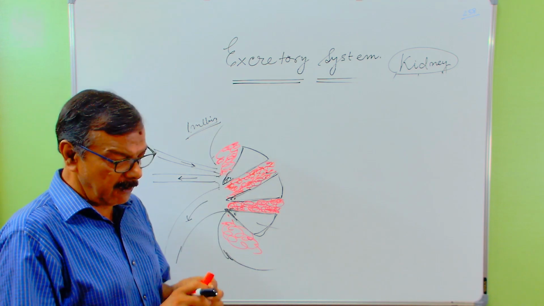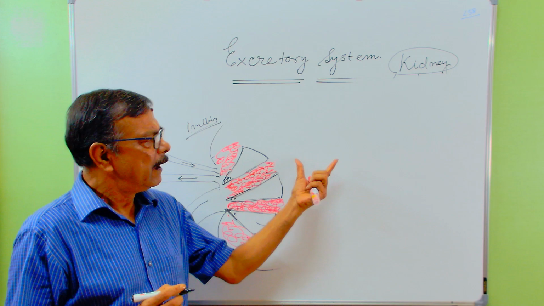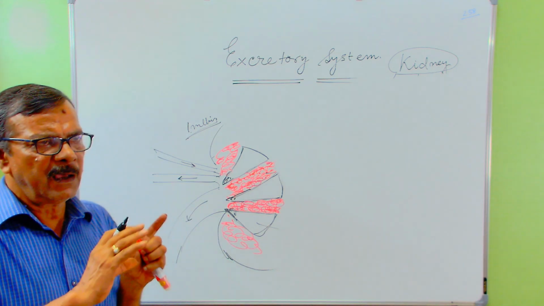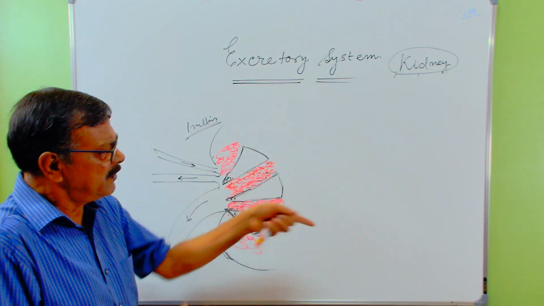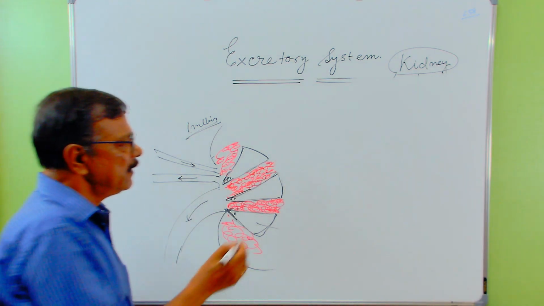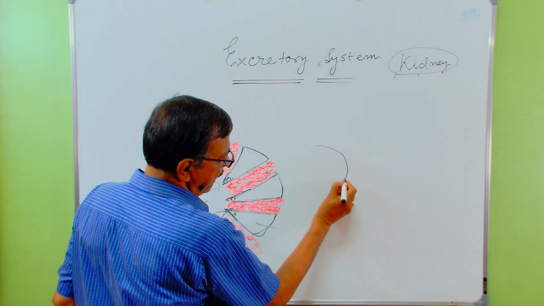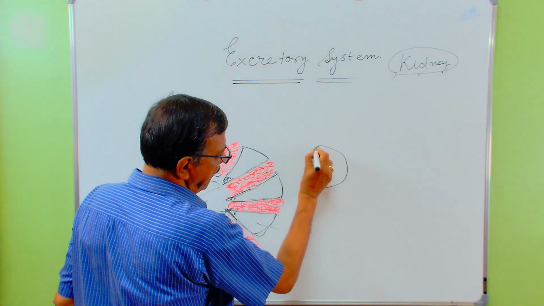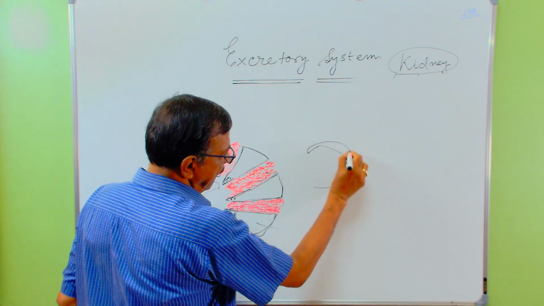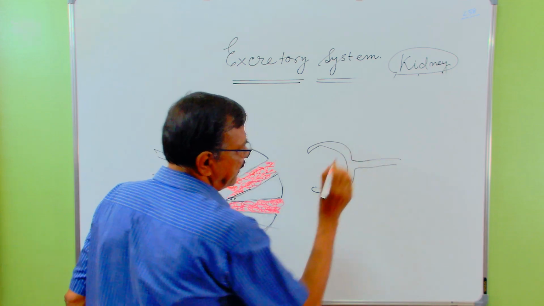Now this nephron, we are drawing it in an easy way, and next time I will draw the main nephron, how it looks. First we will write the nephron in this way.